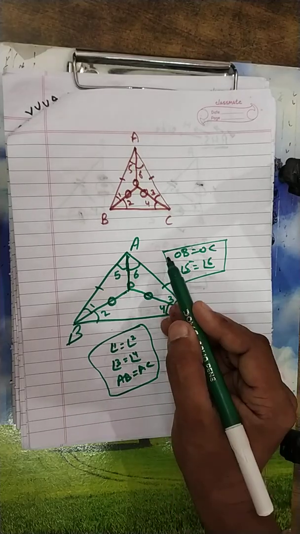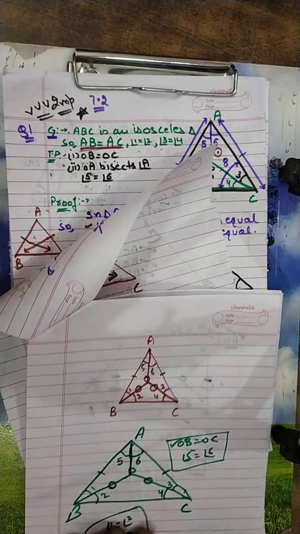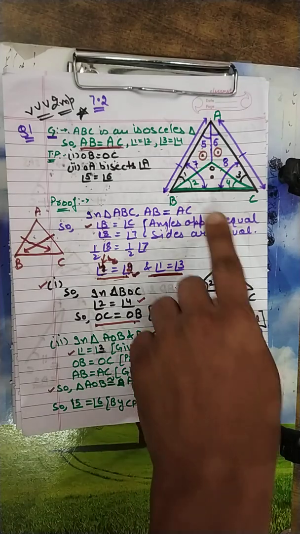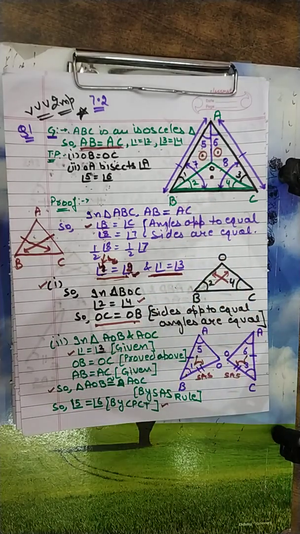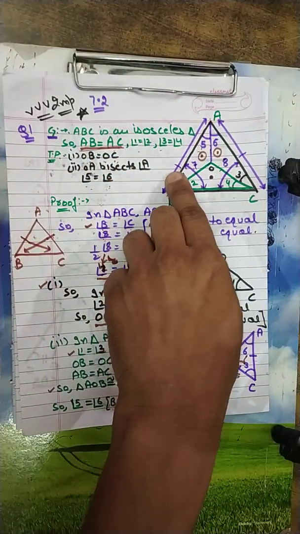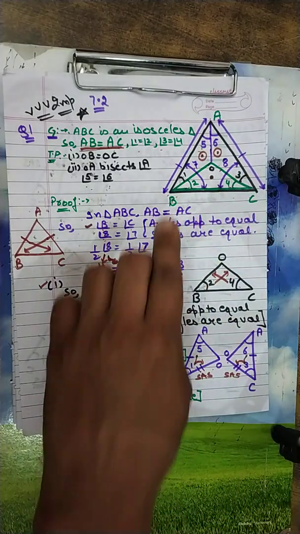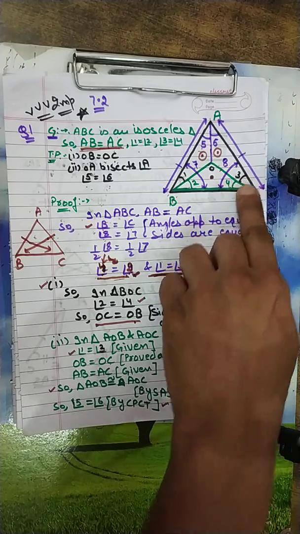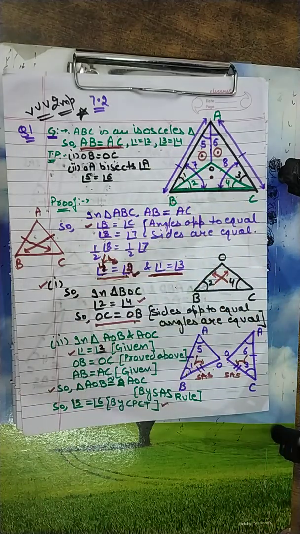Now start from the first part, OB equals OC. The same diagram I have labeled here with a colored diagram so that it is easy to explain. Now AB equals AC, given. Angle 1 equals angle 2, given, and angle 3 equals angle 4, given.